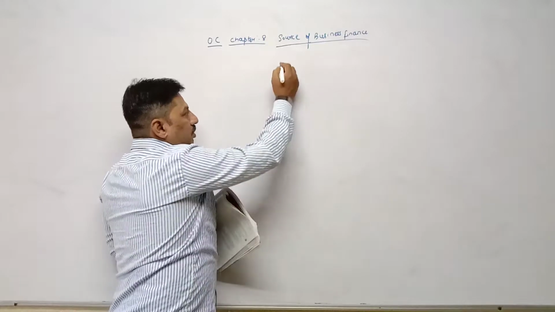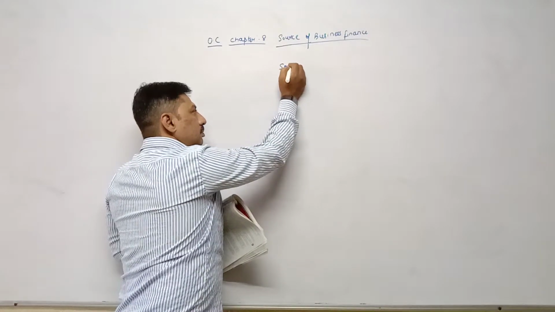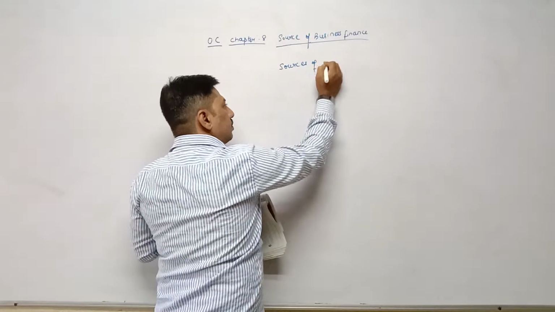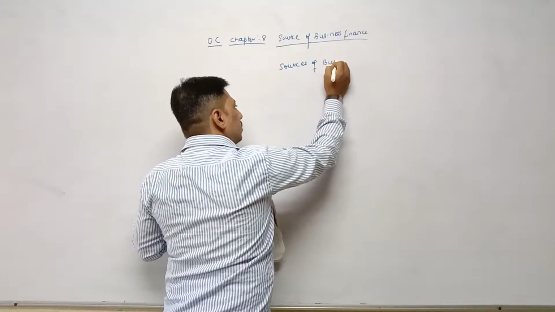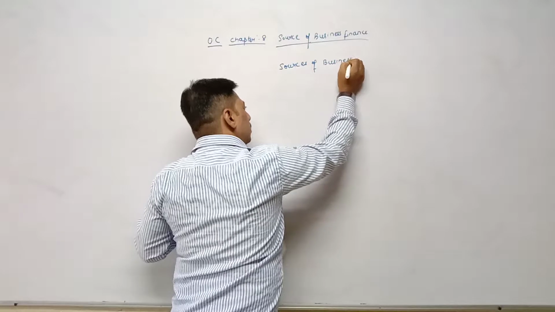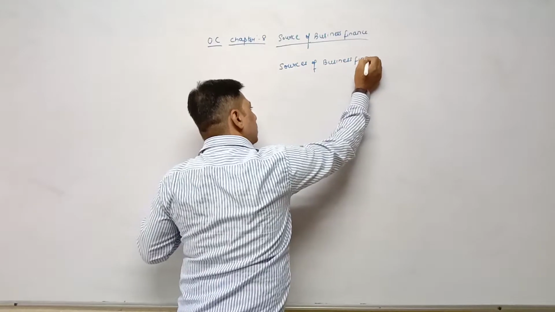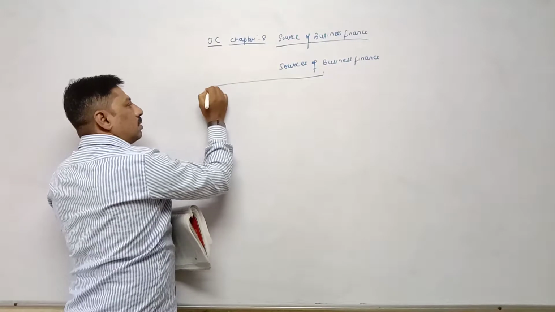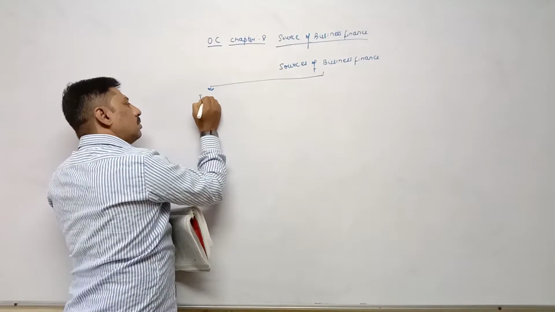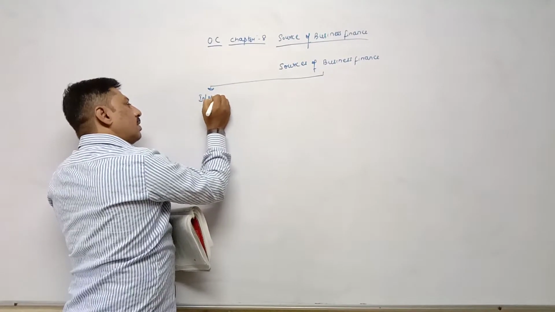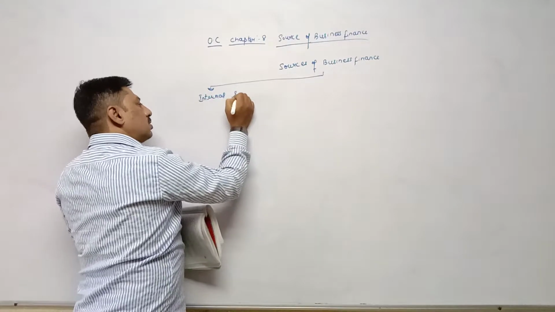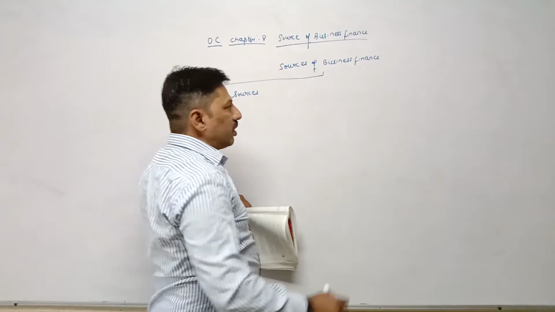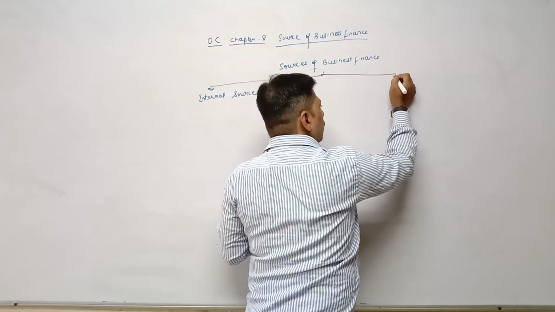So in total there are two sources of business finance: internal sources, and the second one is external sources.